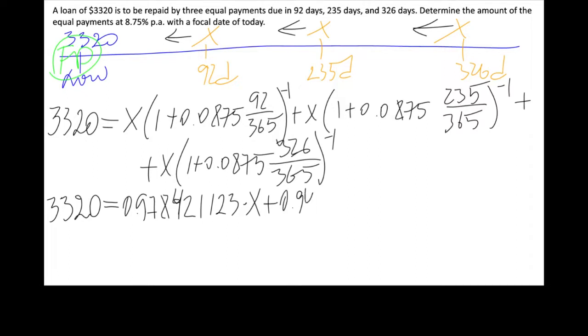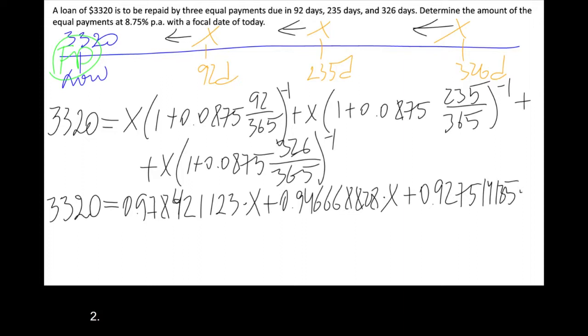So 0.94. Two. So 3320. Now I add them up.